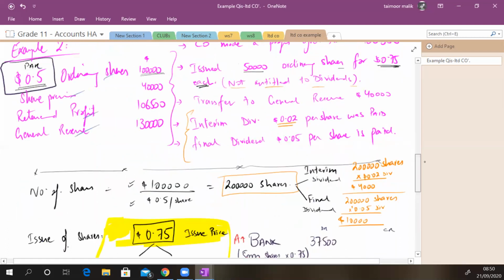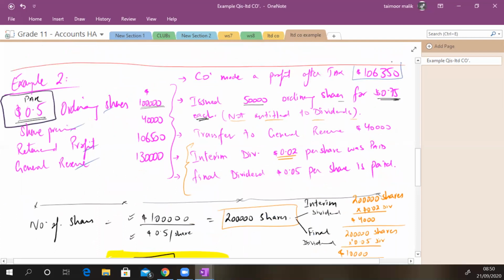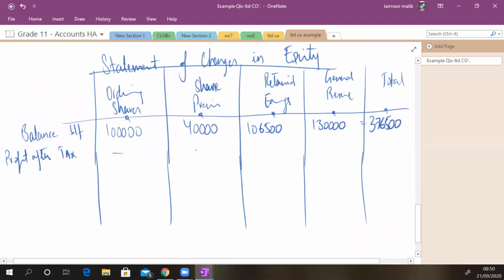Profit after tax was given over here. The company made a profit after tax of 106,350.